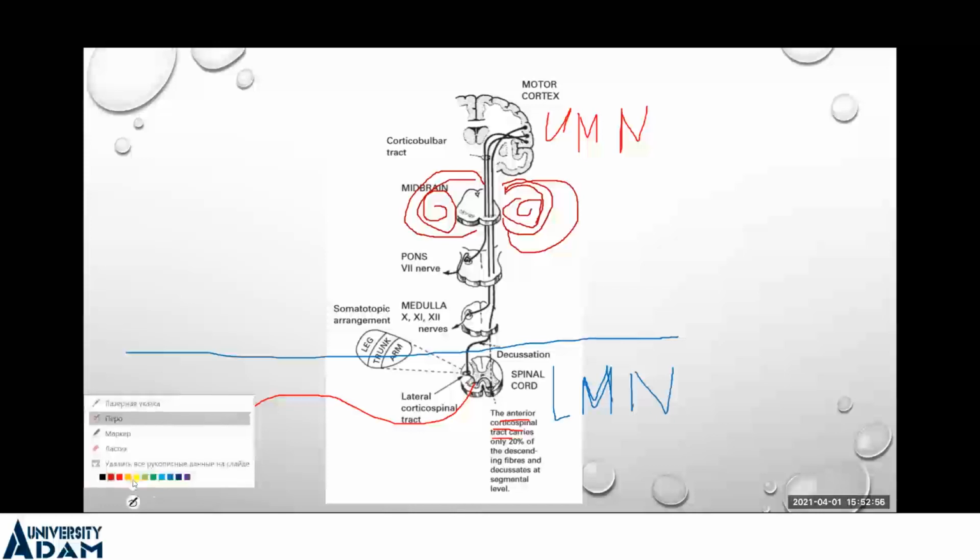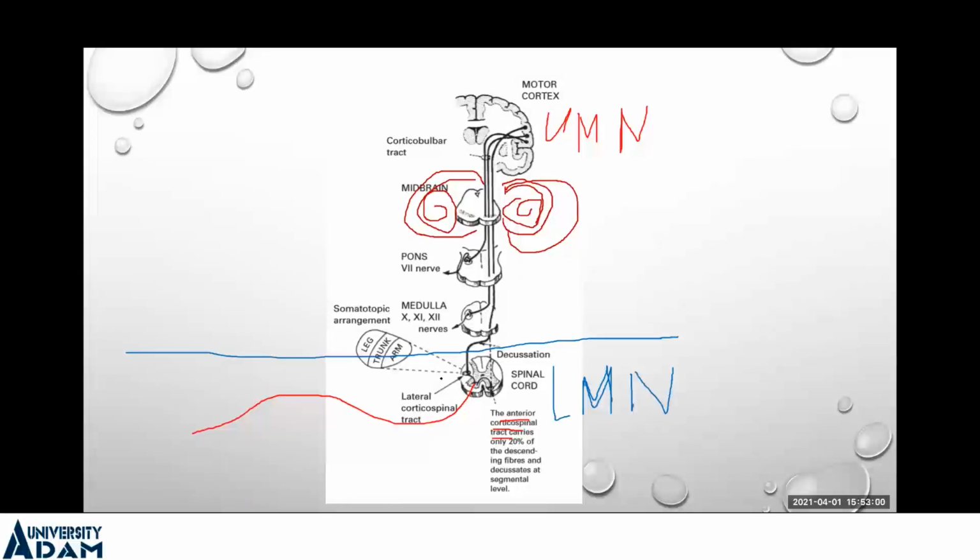As you remember, we said that the cerebellum influences upper motor neurons mainly in the contralateral cerebral cortex and brainstem.